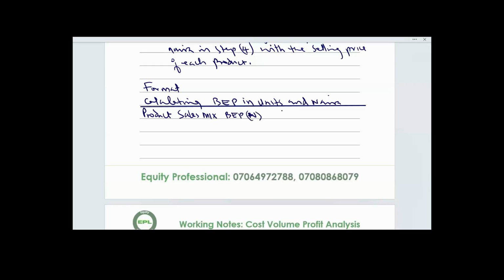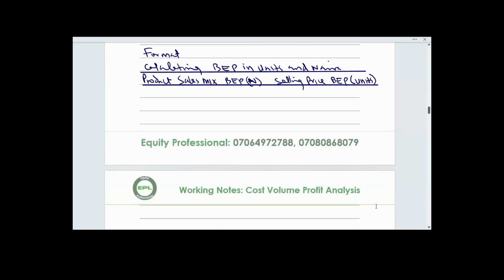Then column 4 will be the selling price. Then column 5, break-even points in units. So if you're asked to calculate break-even points in units and in Naira, you have to first determine the break-even point in Naira before you can calculate the break-even point in units for a multi-product organization.